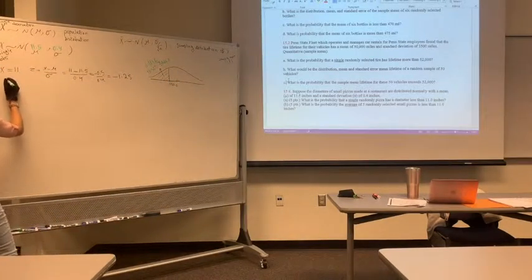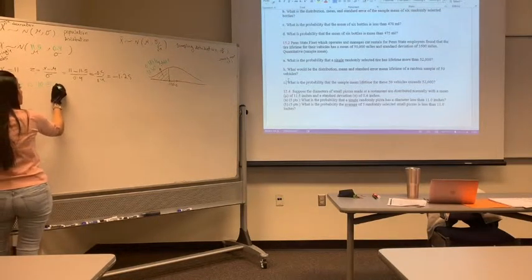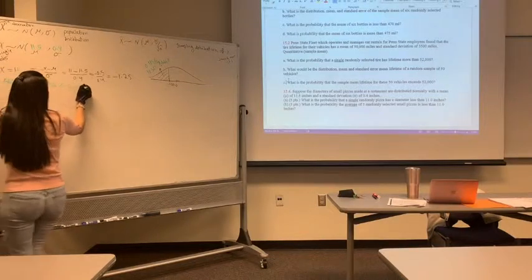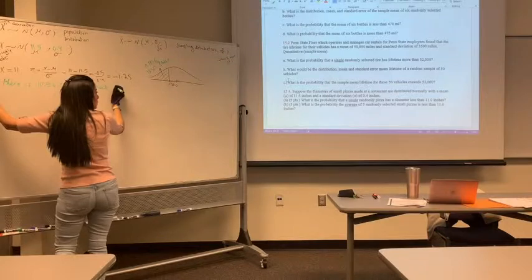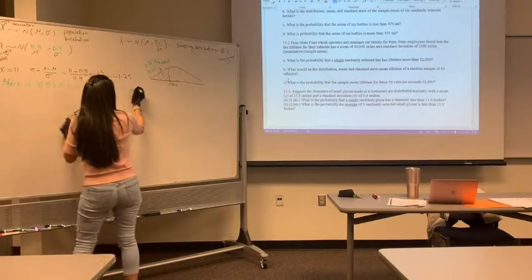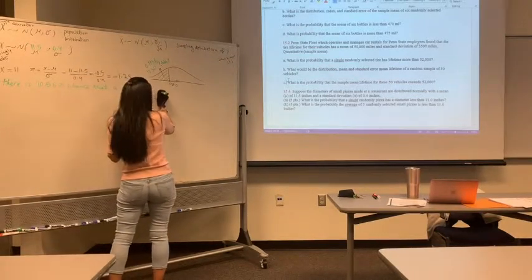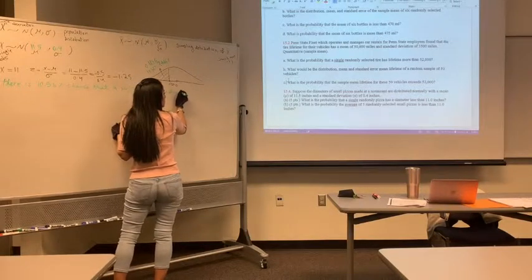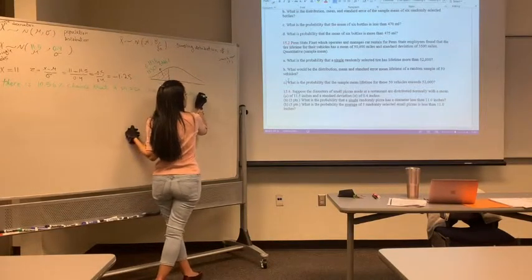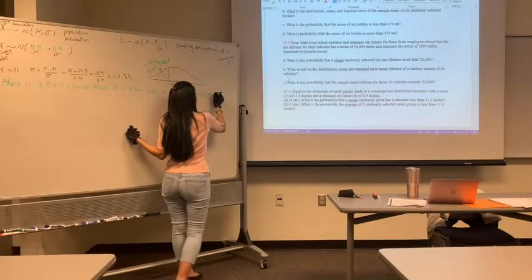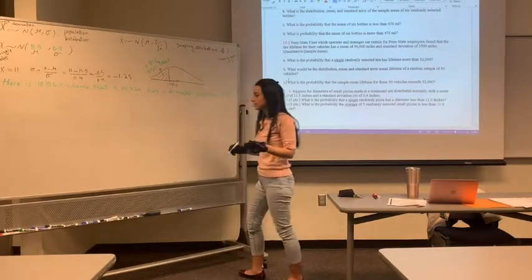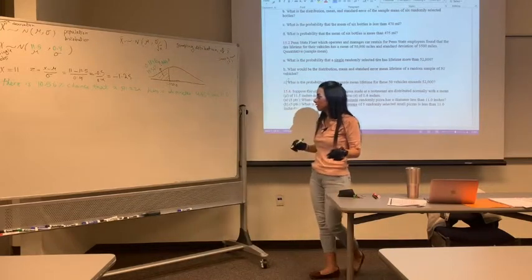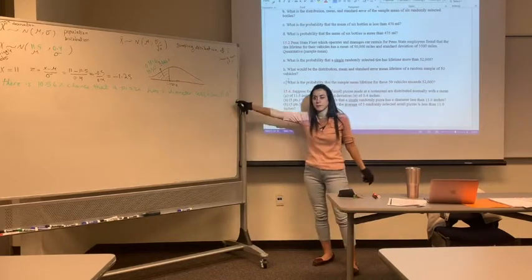There is a 10.56% chance that a pizza has a diameter less than 11 inches. So there is a 10% chance that they give you a smaller pizza.